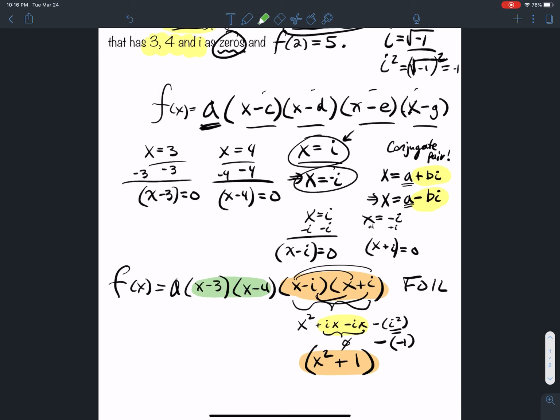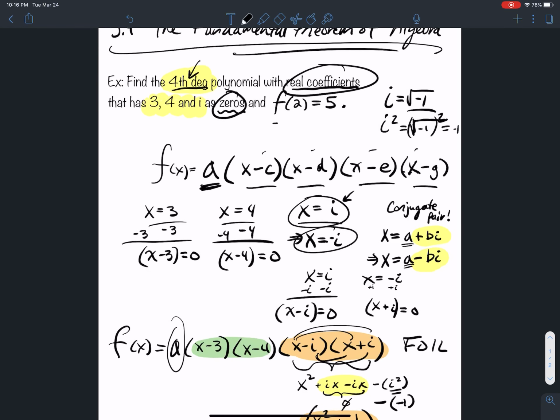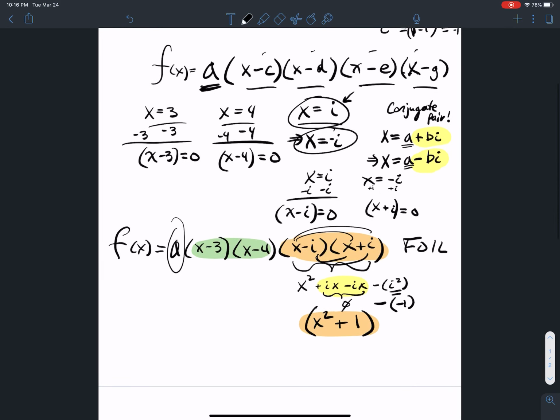If I do that, I might have a little bit more difficulty trying to figure out what a is. So first, let's try to figure out what a is. So what am I told? f of 2 is equal to 5.